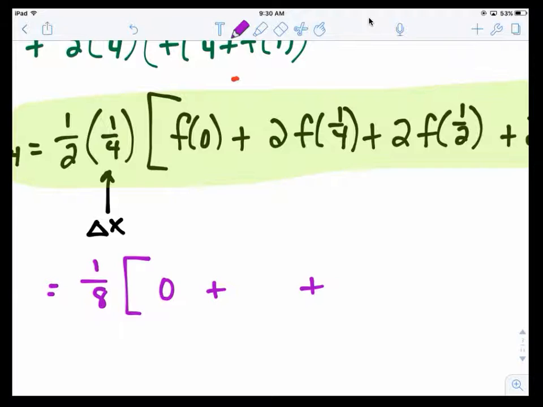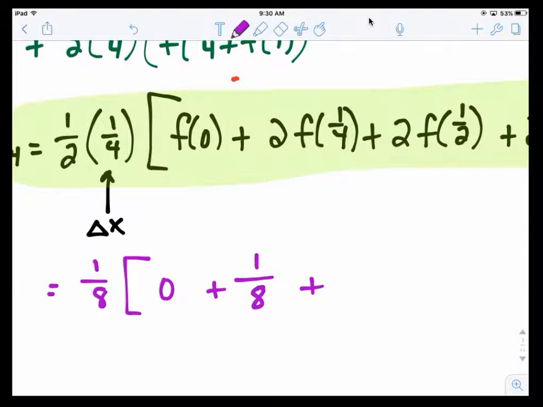Because I multiplied instead of squaring it. So 1/4 squared is 1/16 times 2 would be 1/8. You get 2/16, right?